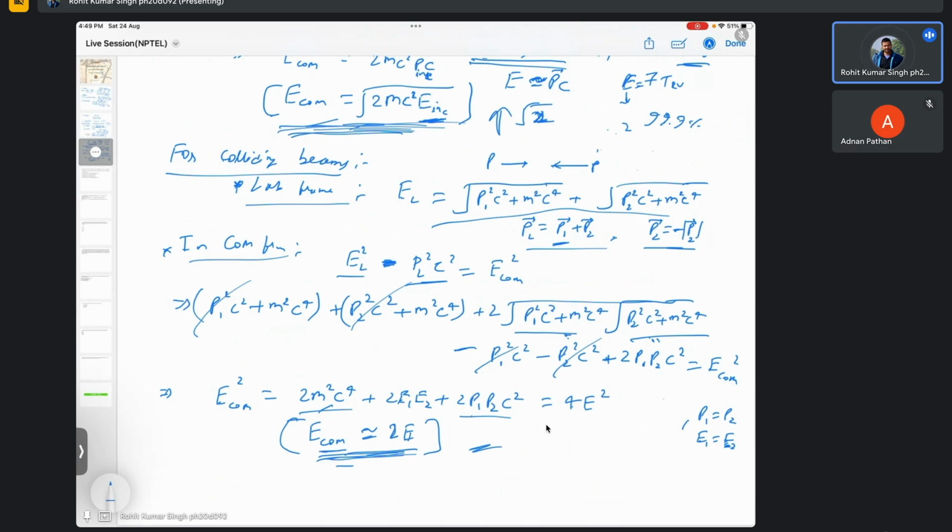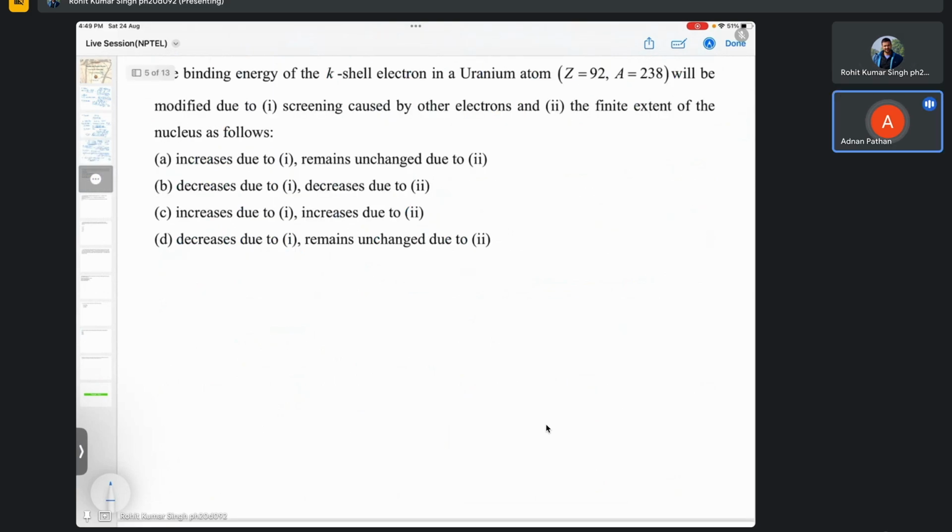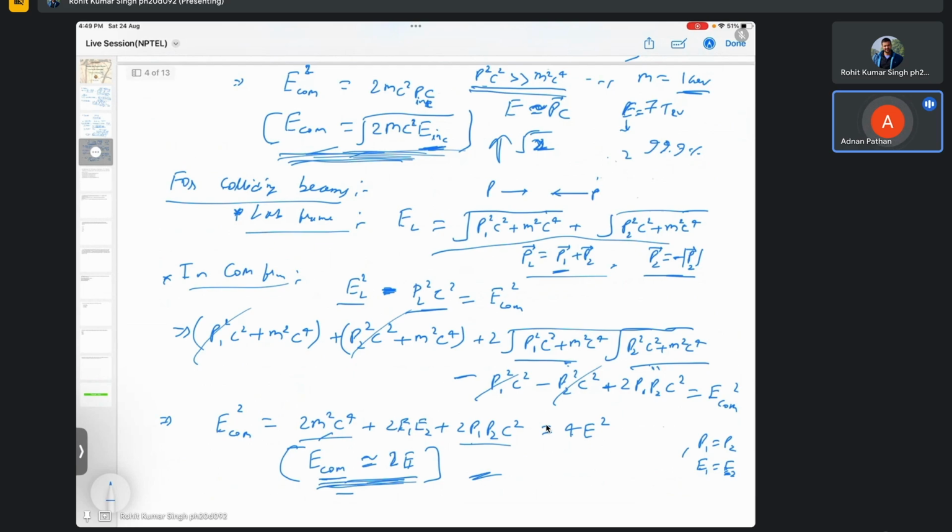Okay, so then let's do some problems. Center of mass energy is required for what reason? It's the center of mass energy which is available in your experiment.